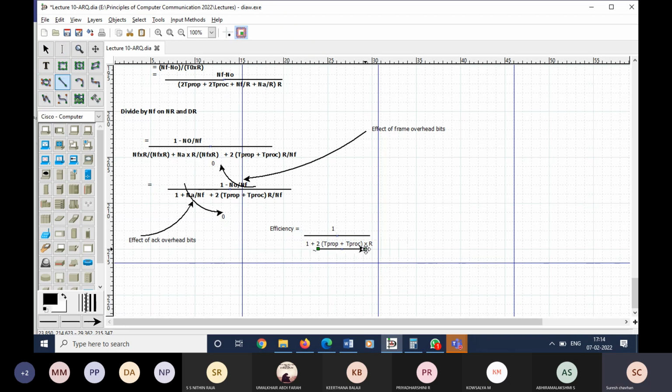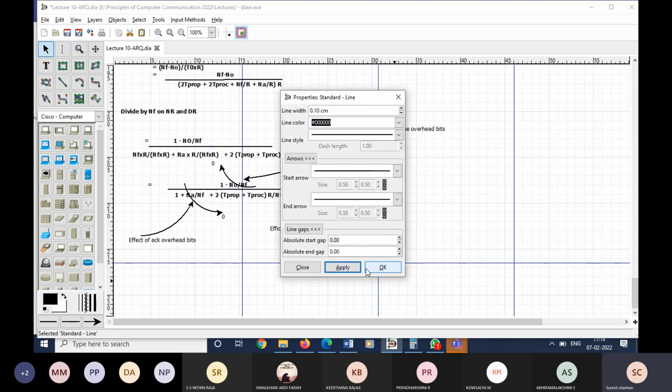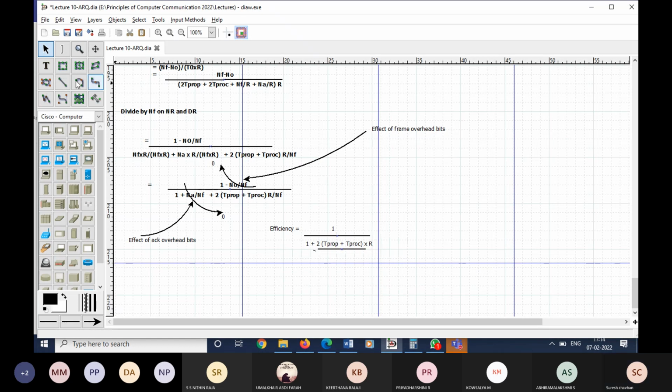I want to define one more term. So that's the reason I'm writing in detail here. Divided by what is the one more term? This is the NF. Correct? NF.